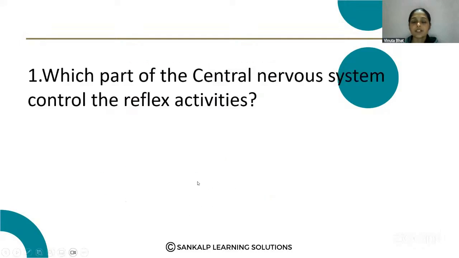Then, which next one-mark question are we discussing? Which part of the central nervous system controls the reflex activities? Which controls the reflex action?